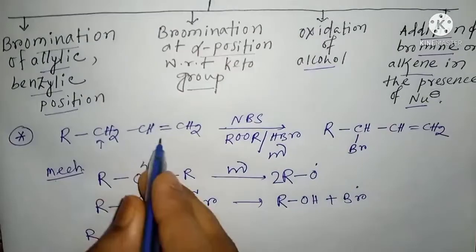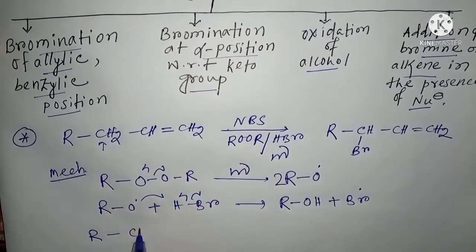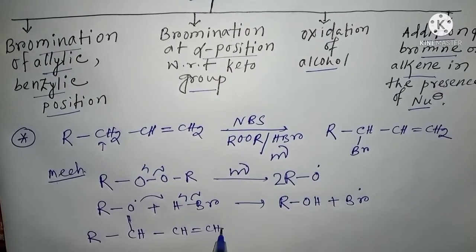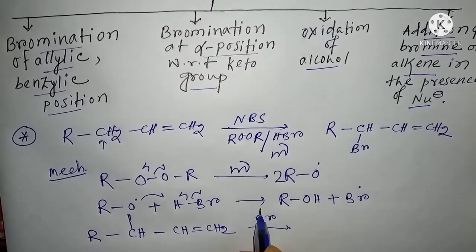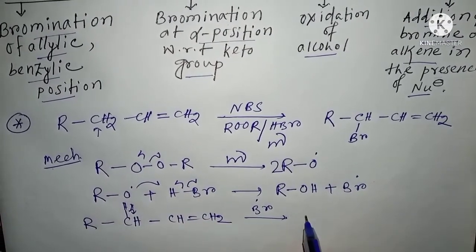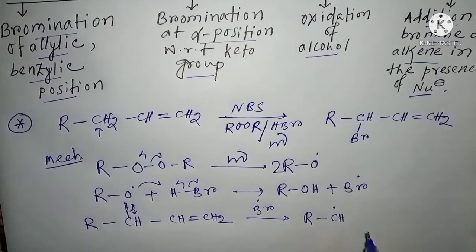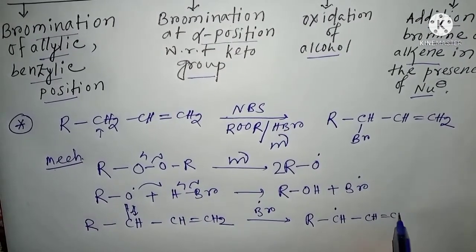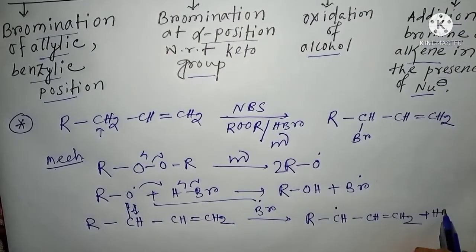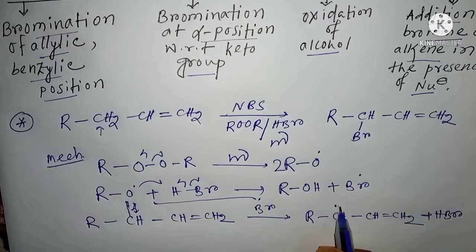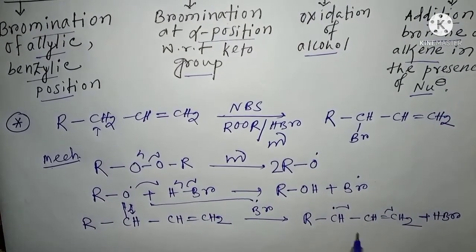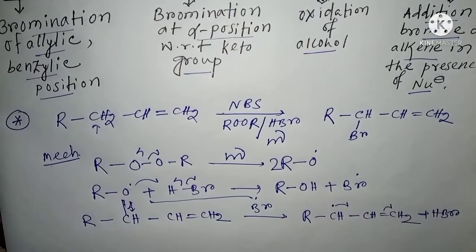Then the allylic CH hydrogen of R-CH2-CH=CH2, in the presence of the Br radical, breaks this bond by radical fission to form R-CH radical-CH=CH2, and the radical combines with H to form HBr. These radicals are more stable because of the conjugated system. So first check the conjugation or stability of the radical.